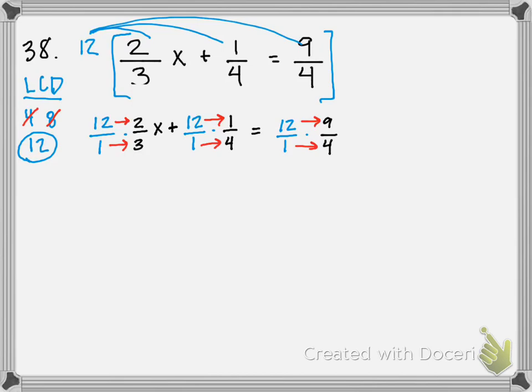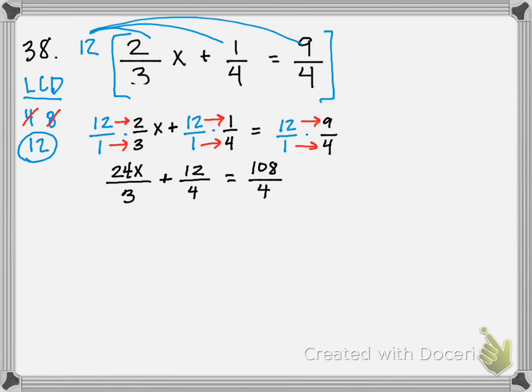So we can do 12 times our 2x, which is going to give us 24x over 1 times 3 is 3, plus 12 times 1 is 12, over 1 times 4 is 4, equals 12 times 9, which is 108, over 1 times 4, which is 4.